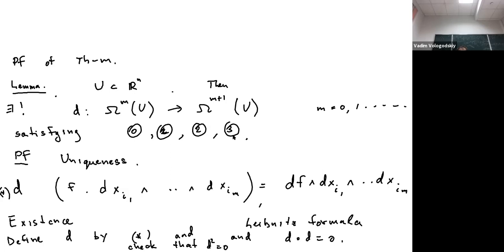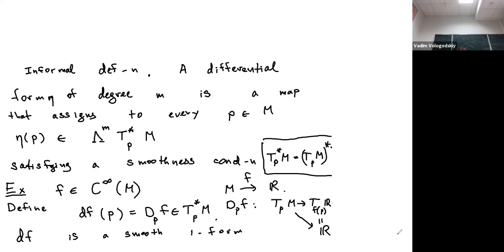So, modulo the easy computation that I have omitted, we have the uniqueness and existence for open subsets of R^n. But now we can prove the theorem in general, and it's not hard.